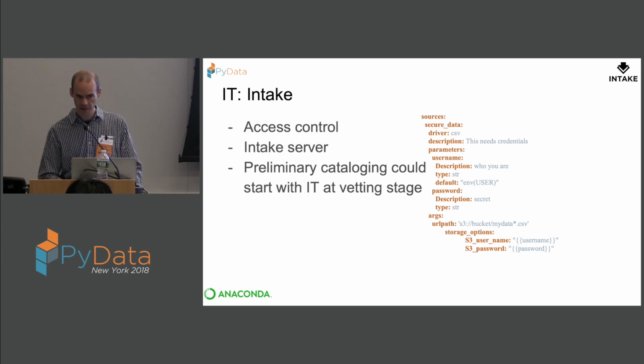For the password, there is no default. So for the password, the user has to supply something to the system, and then that will get filled in, and it will get passed to the backend when it's accessing the data. By the way, accessing data on S3 or Google or Azure or whatever is one of the things that comes for free with intake. So if you're using pandas to load CSV, then it can already do some of these things.